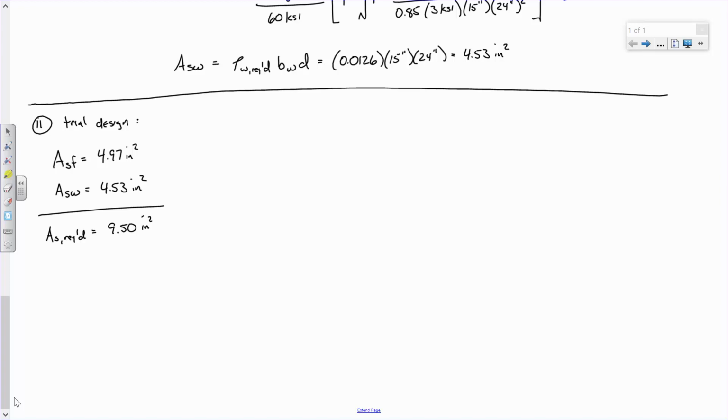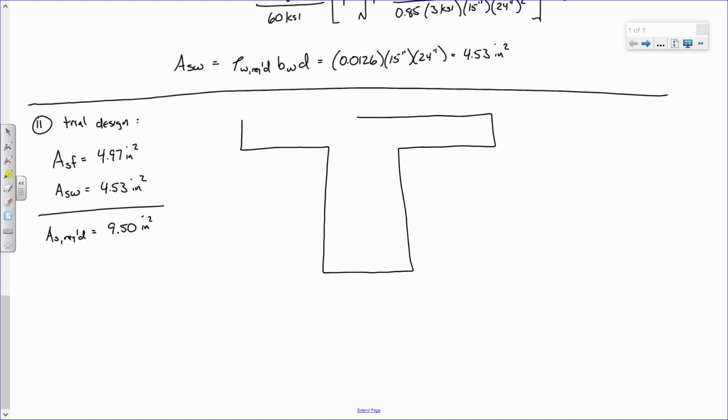So here's what I propose is a feasible answer, okay? So here's the beam, right? And so this is B is 54 inches, right? And this is BW is 15. This is HF is 3 inches.